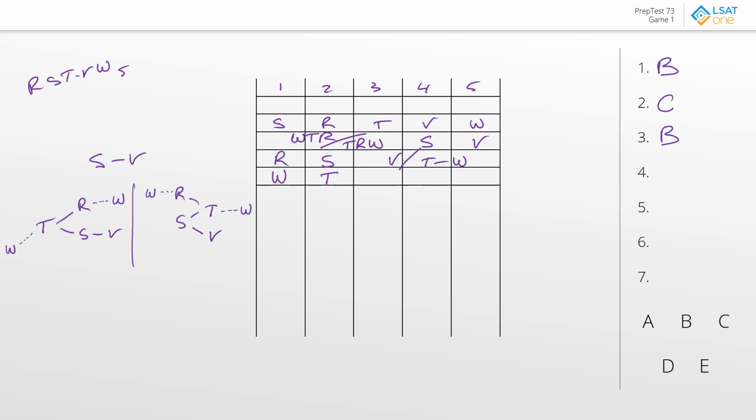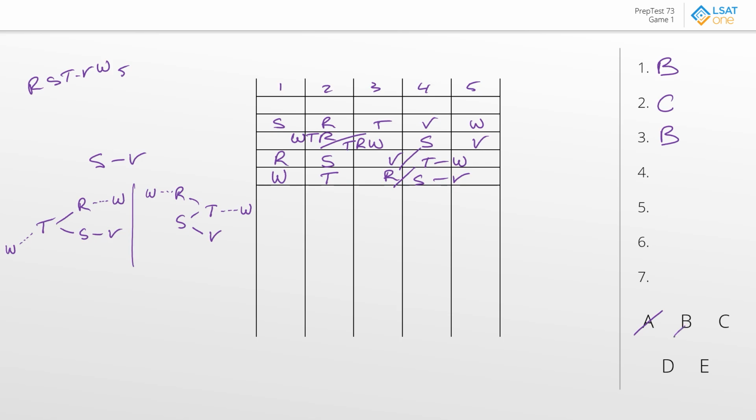And as far as 3, 4, 5 are concerned, you're just going to have something similar. R is flexible, and S and V have to go in that relative order. So we're going to have kind of R/S before V. So the question itself now asks, which of the following could be true? A, S is 1, and that's definitely not happening.